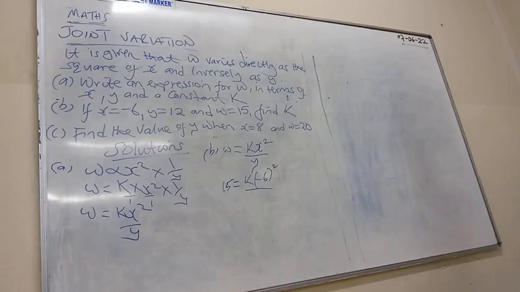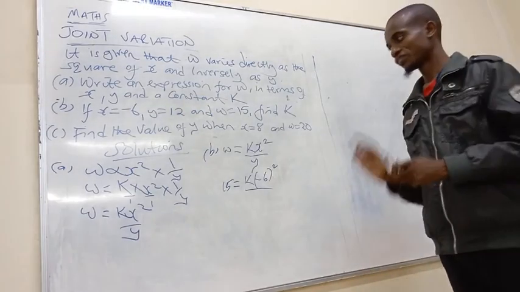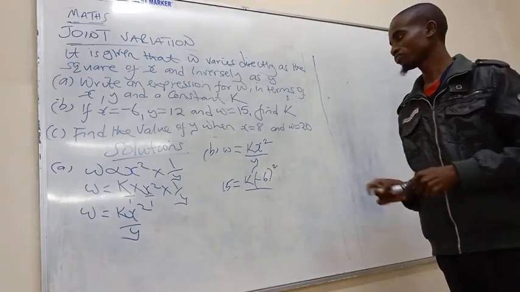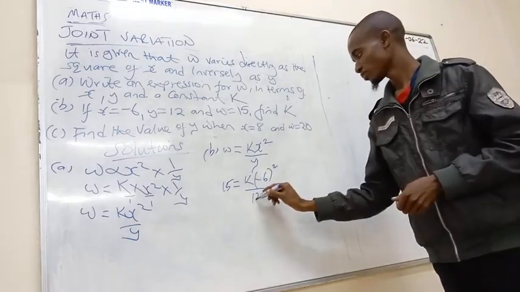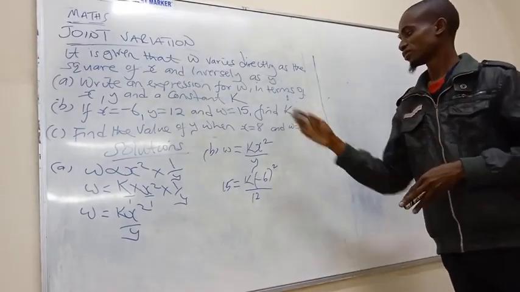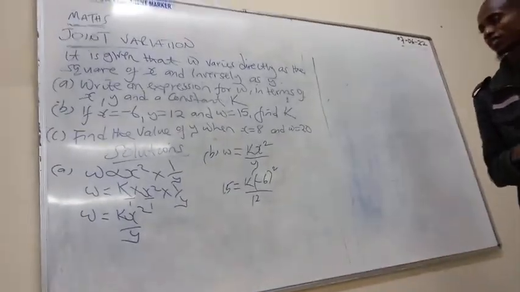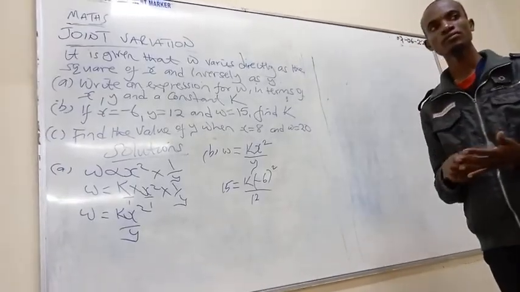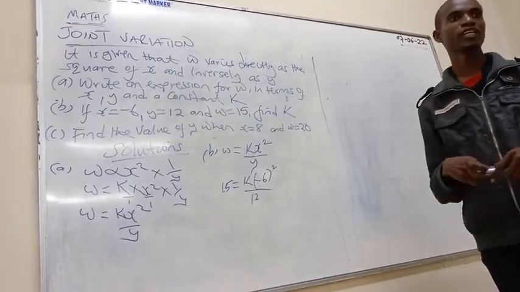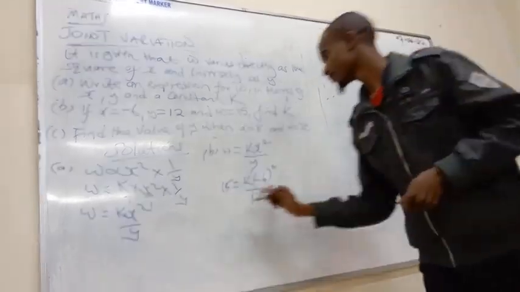X is -6, we have replaced. Y is 12, we have replaced. Also, W is 15. We have done it in that way, right? Next step is a matter of simplifying. We need to simplify further.